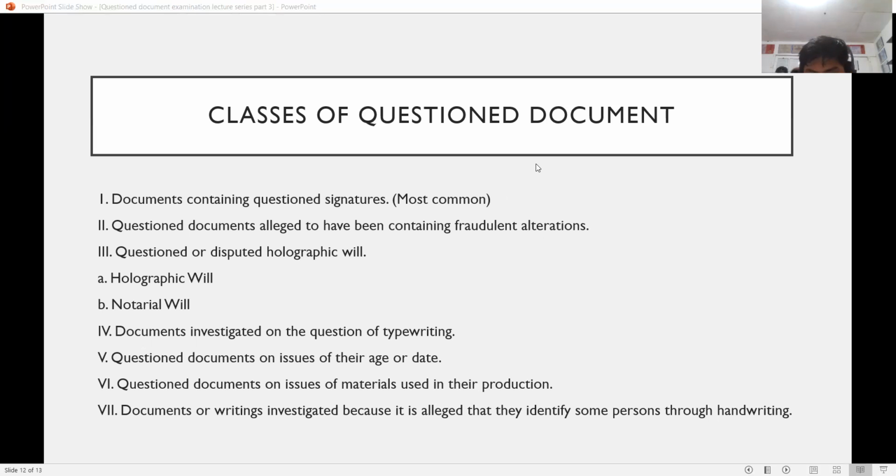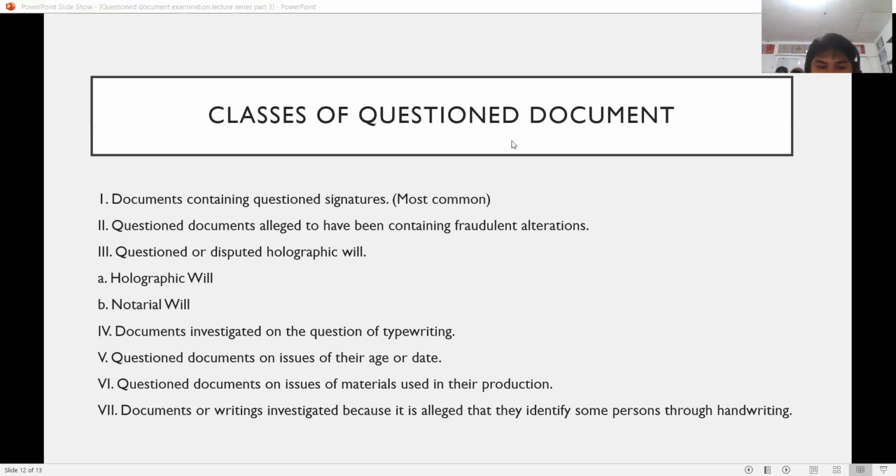Usually the questioned documents on issues of age or date are especially land titles, like when you see a title that looks fresh but is dated 1902, why does it look new? Then birth certificates, why is it PSA when it should be NSO, when it is already PSA now?